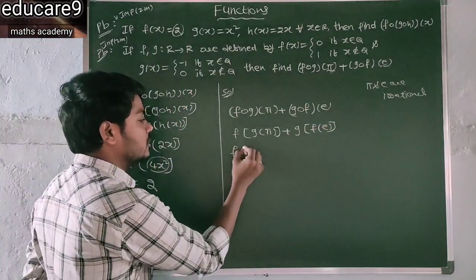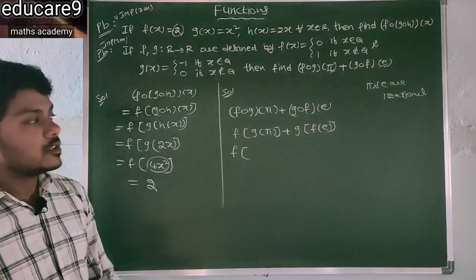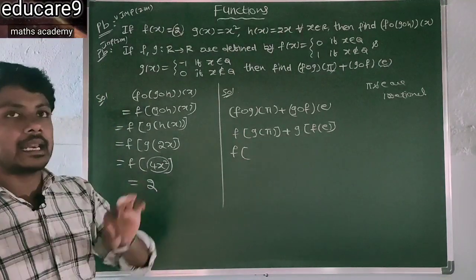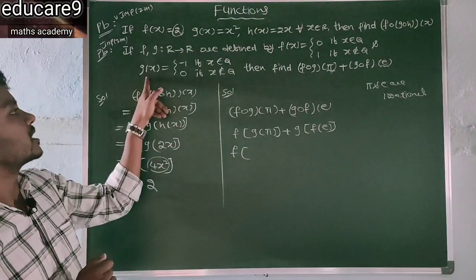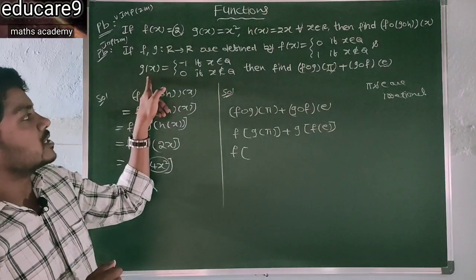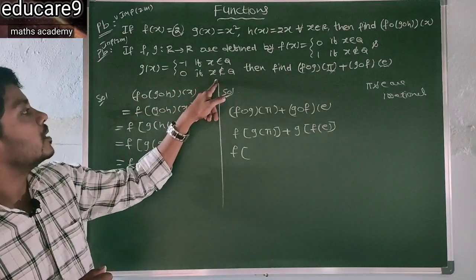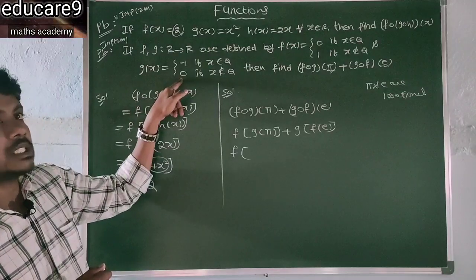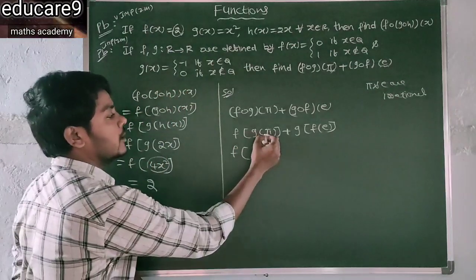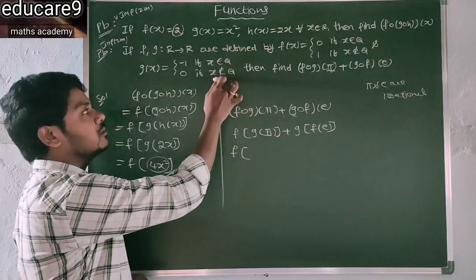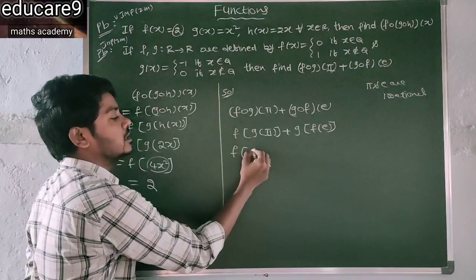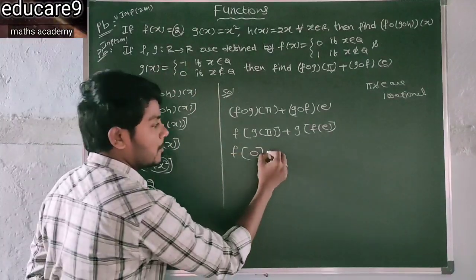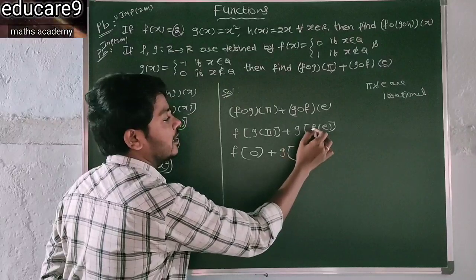So f of g of pi. Here x is irrational. See the g of x function. Irrational means that it does not belong to Q. So then g of x value is what? 0. So clearly here pi does not belong to Q, so that's why value is 0. Plus g of f of e.